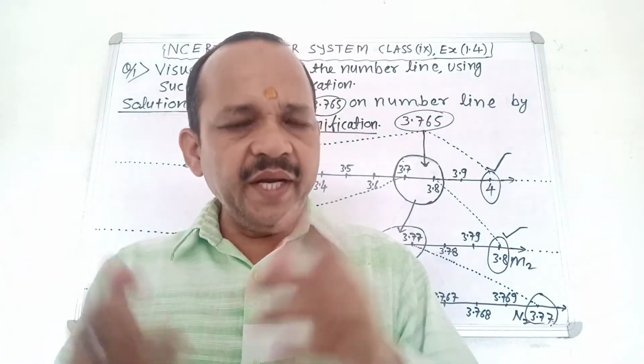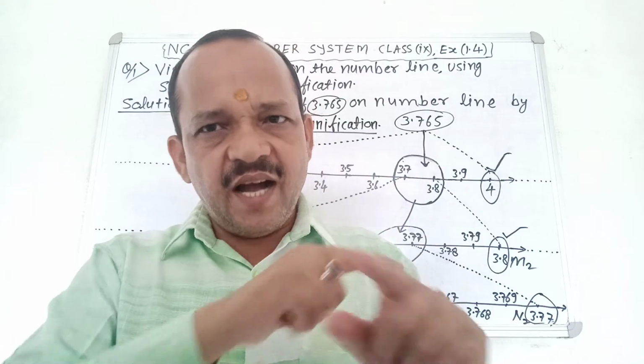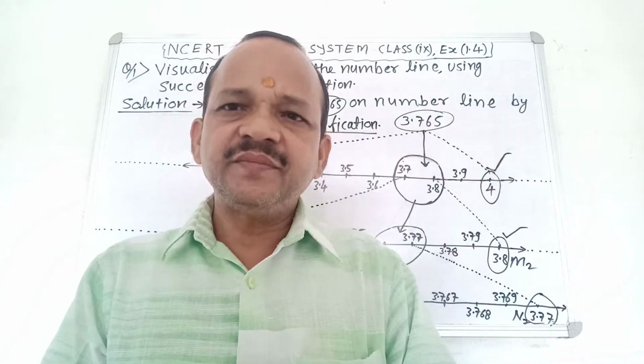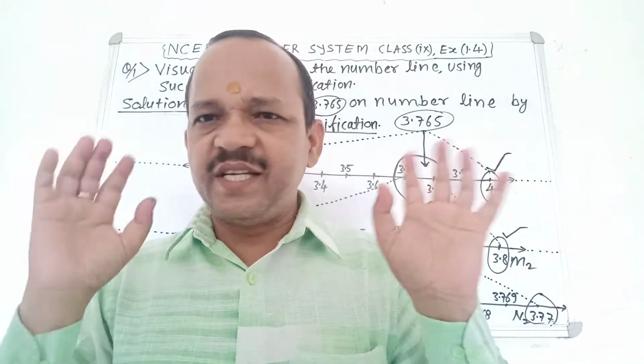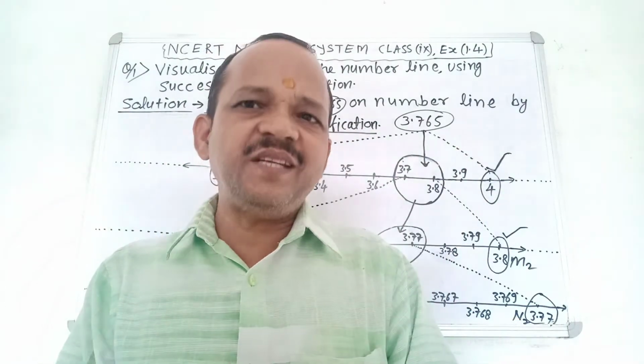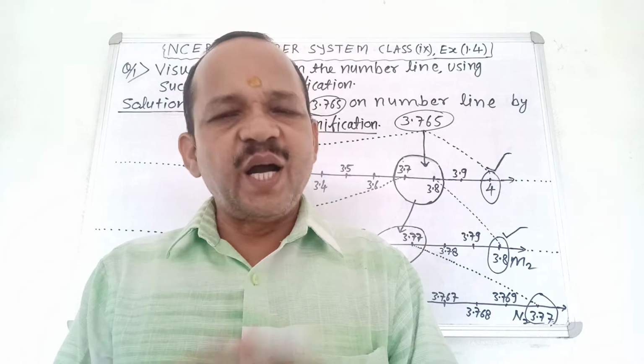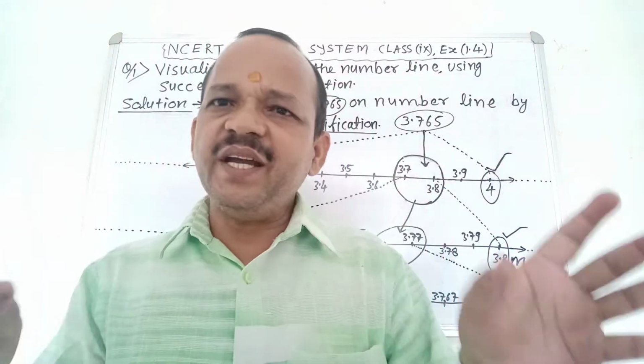Clear? When we write integers on a line, it becomes a number line. Number line and integers are very easy.